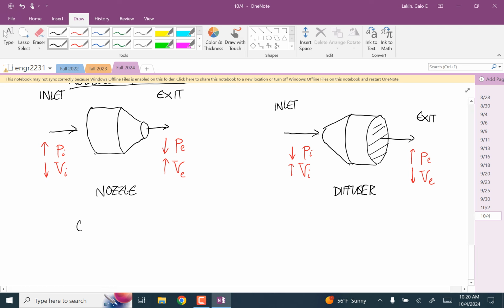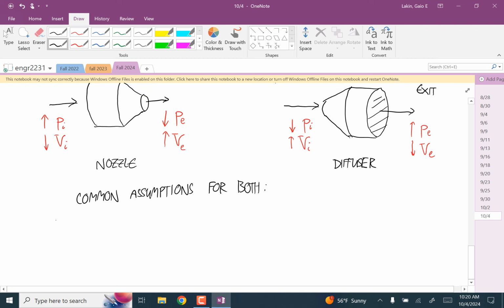Common assumptions that we're going to make for both of these: first, we're going to assume this is steady state.